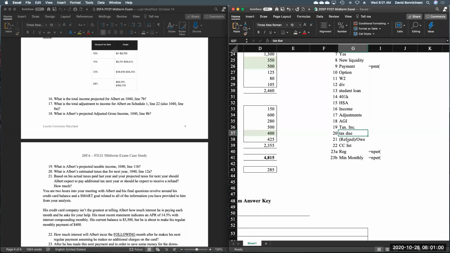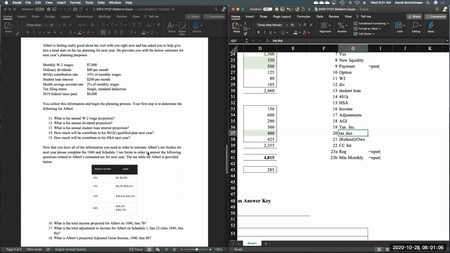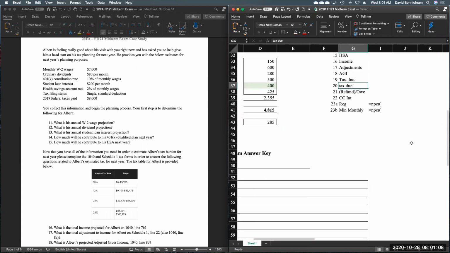Okay, so he paid $8,000 in the year prior, 2019. Okay, and you're projecting that he is going to owe tax in 2020. If that tax is greater than what he paid in 2019, he will obviously owe. If it's less, he would get a refund, and then by how much.